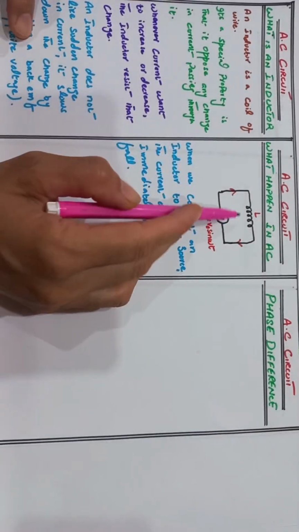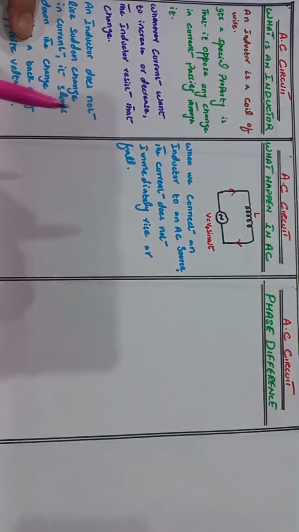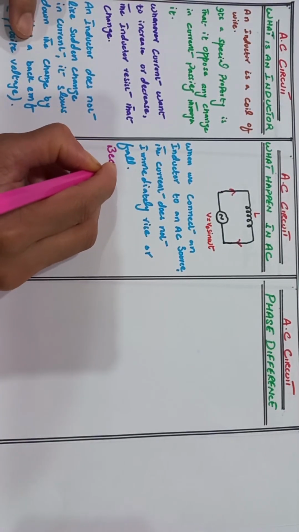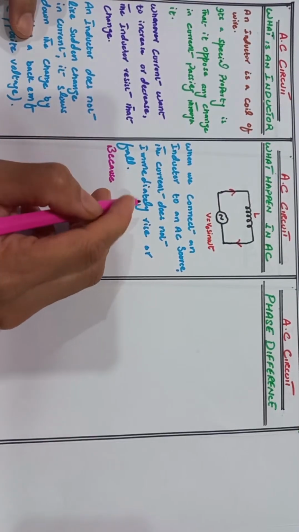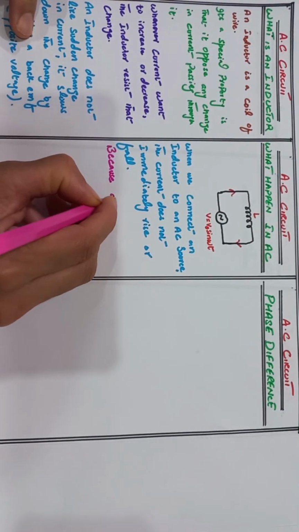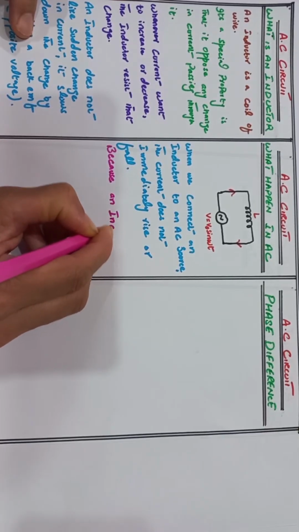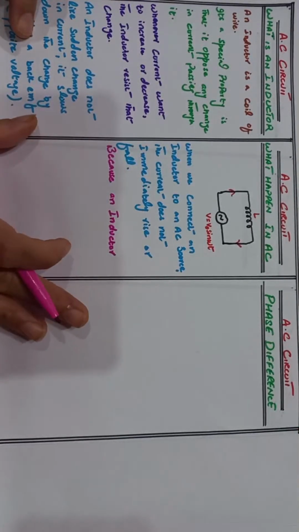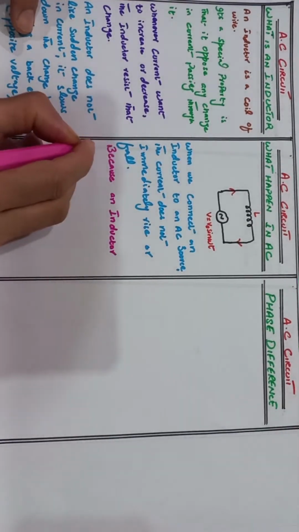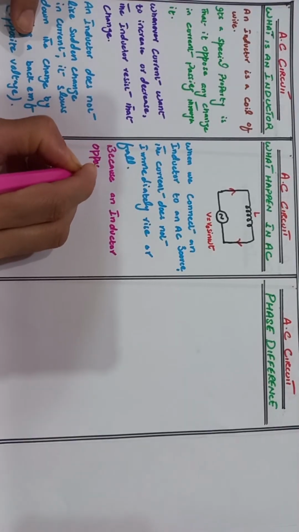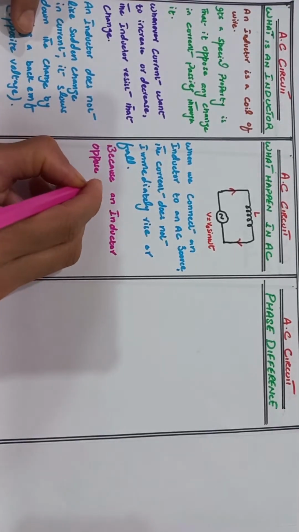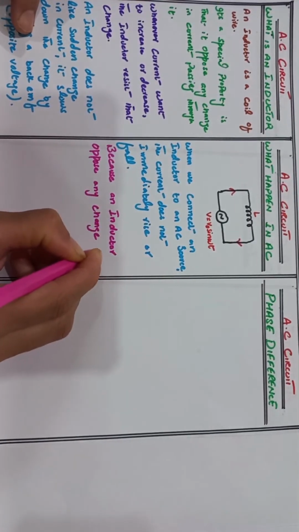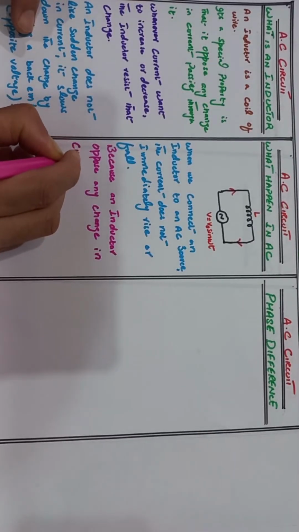It always creates a back EMF when the current rises or falls, because an inductor opposes any change in current.